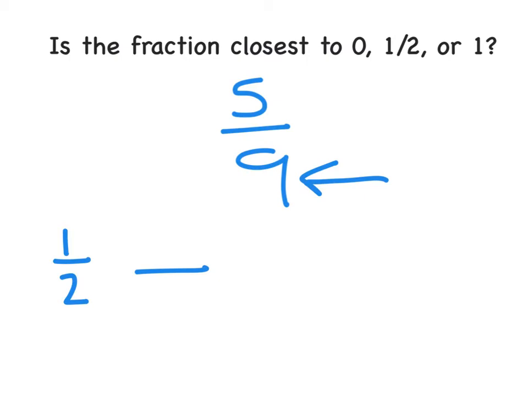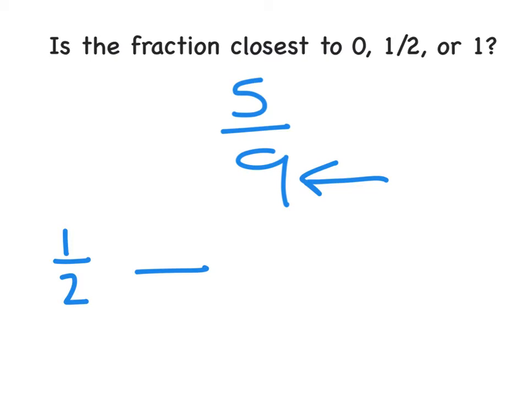So the numerator would be half of the denominator, 10. So in this case, 5. For something to be equivalent to a half, let's try it with another denominator. Let's do 200. So for it to be 1/2, the top number needs to be half of the denominator. So half of 200 is 100. So that's an easy way to find out half of something.